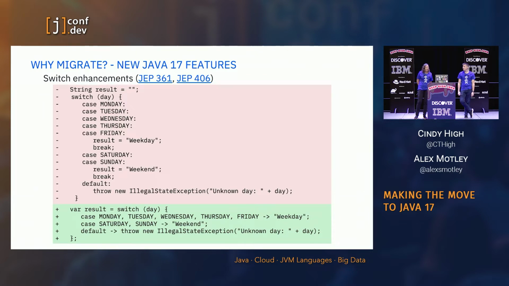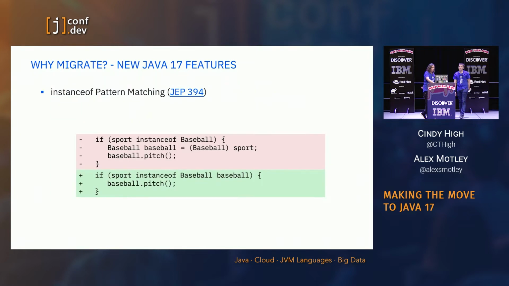Makes it so much easier, with this arrow operator, lambda operator, to move through a switch and assign it to a variable. It's much simpler constructs here.